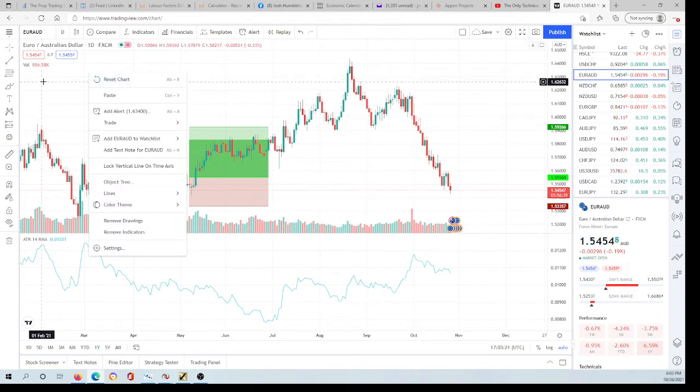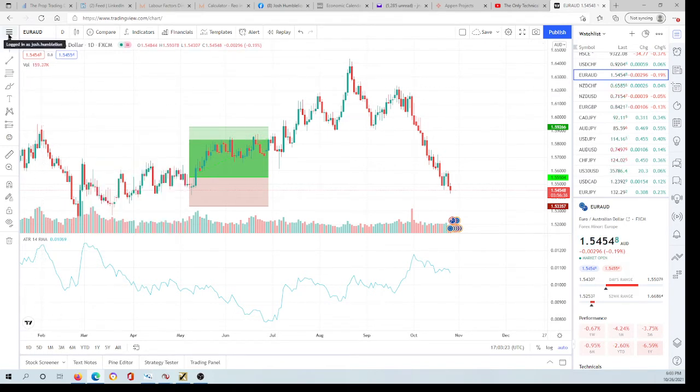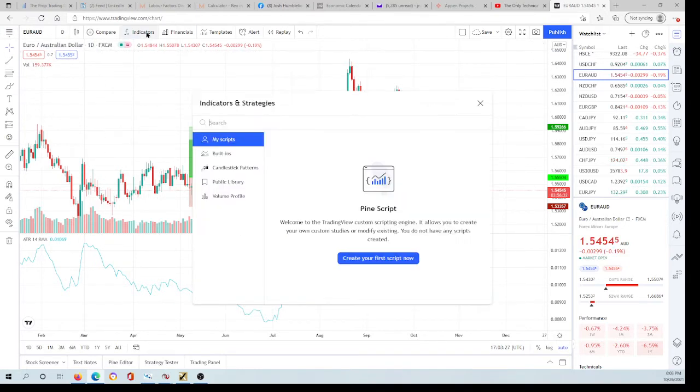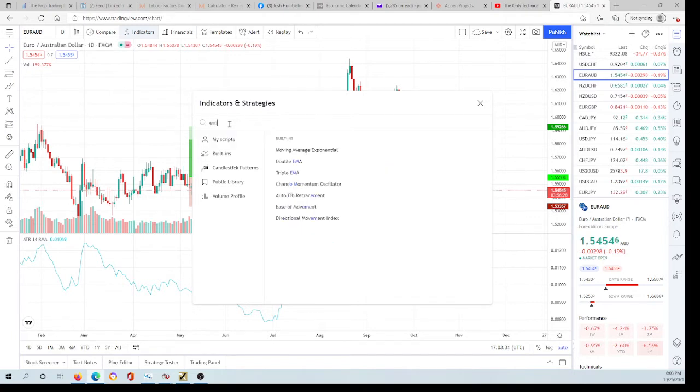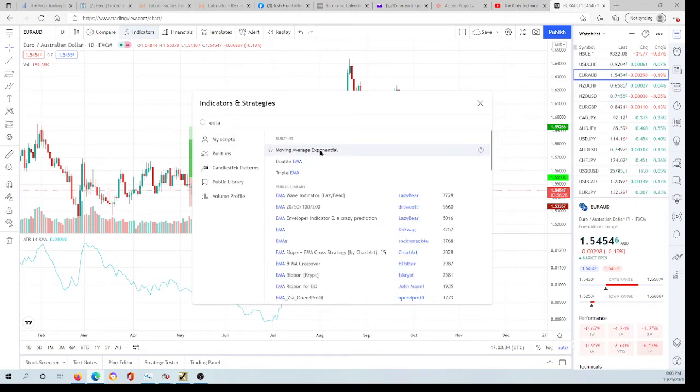Okay, so this is where, as we've talked before, I will look for an indicator. I'll put the EMA. I don't need the exponential.